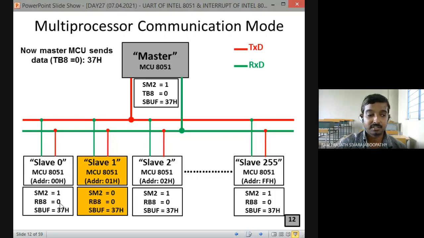Yes. So in slave 1 we cleared the SM2 bit, so even though the 9th bit of the data is 0, the interrupt will occur. So it has the data 37. Other microcontrollers will not get an interrupt, so they won't consider the data. Is it clear to everyone?